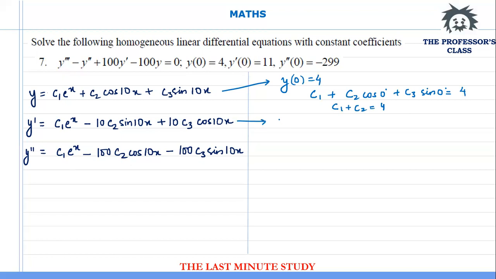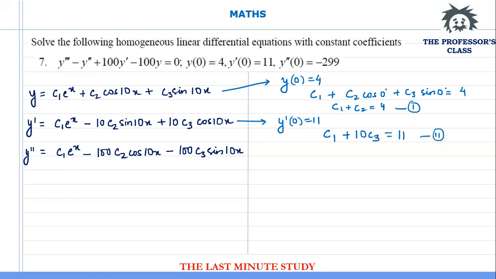The second condition is y dash of 0 equals 11. Again, I'll be substituting the values. This is my first equation. I'll get C1, and the middle term, while substituting x equals 0, will become 0, so there's no need to write it. I'll be left with only 10C3 equal to 11.